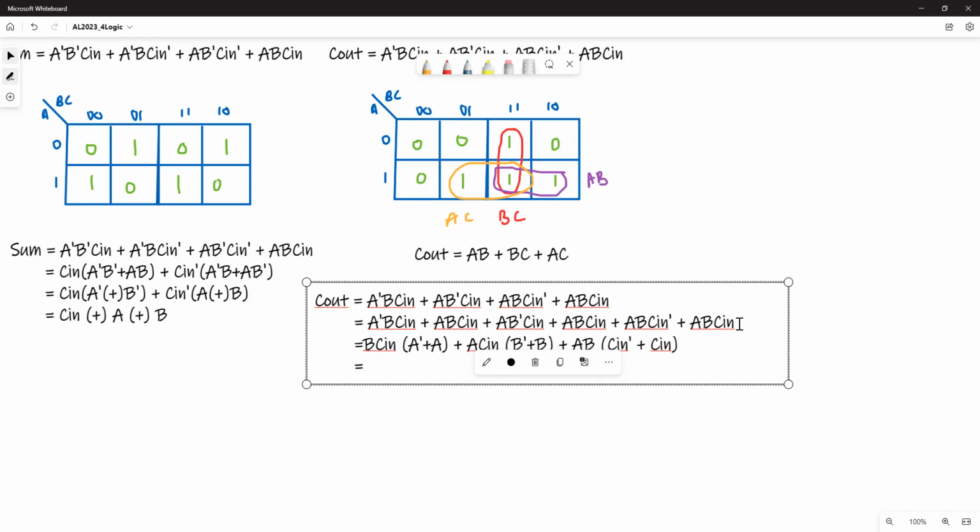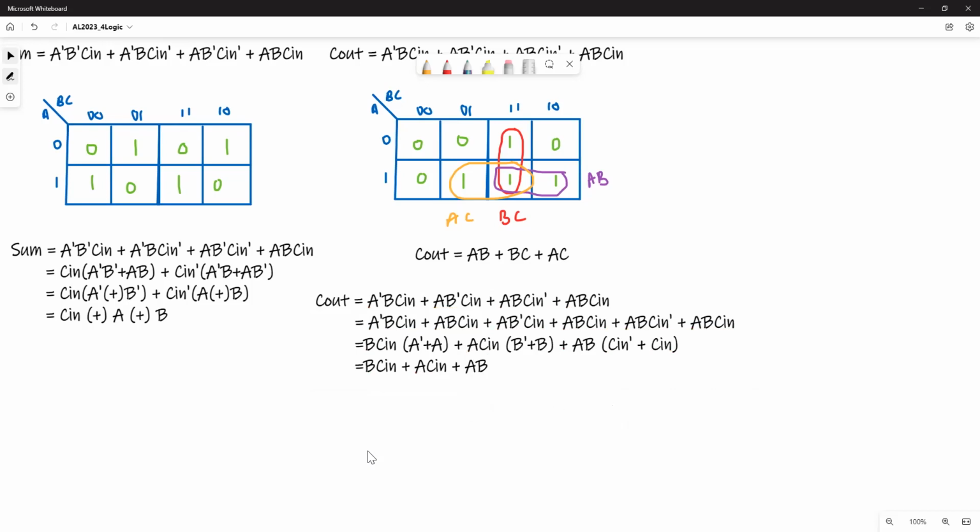Right. So we will have BC in plus AC in plus AB. AB, BC, AC anyways. Right. This is how it looked.